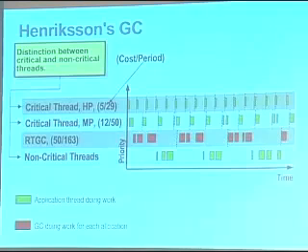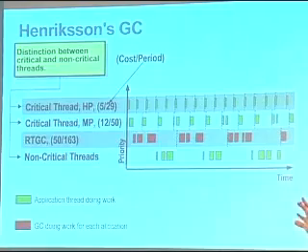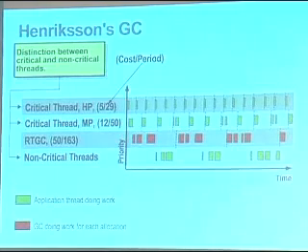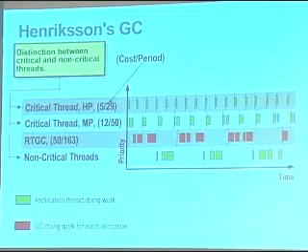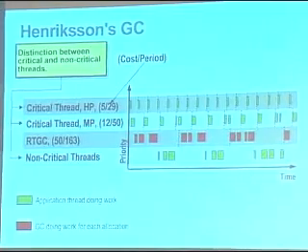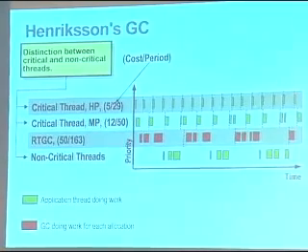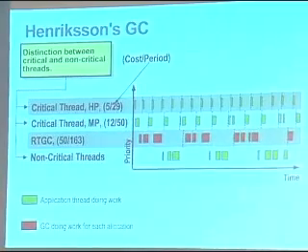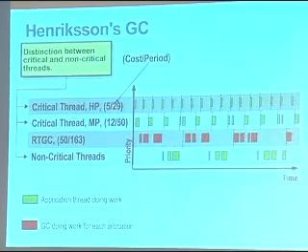But look at the real-time GC. It doesn't get any cycles in each of its periods until the other threads are done with what they've got. So the 2 higher priority threads preempt the GC. And that's why we're able to get down to below 200 microsecond latencies with the Hendrickson approach. Of course, the non-time-critical threads get what's left over.